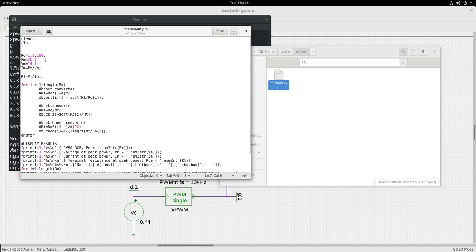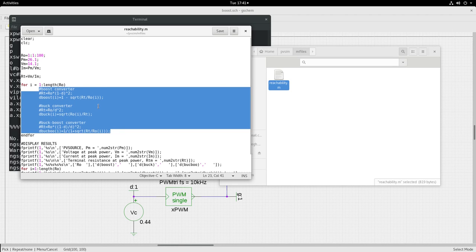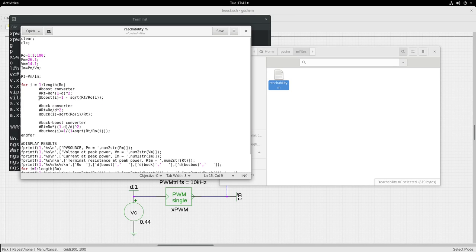It's a 26 watt panel, 14 volt VM, voltage at peak power. IM is calculated PM by VM, RT is VM by IM, the terminal resistance. Then for every value of R0, we execute this, and what do we find out? We find what is the duty cycle for a boost converter.